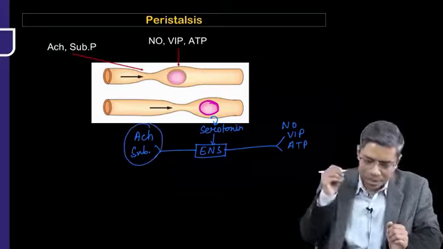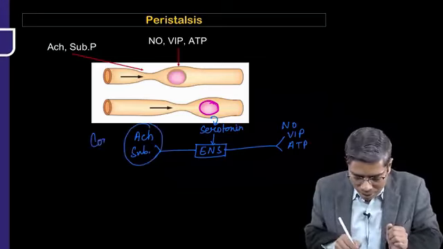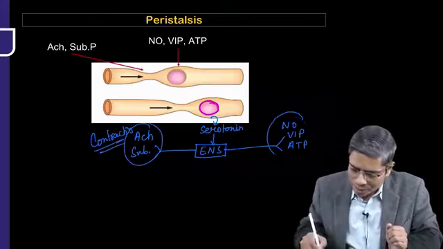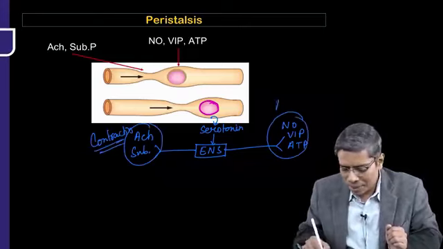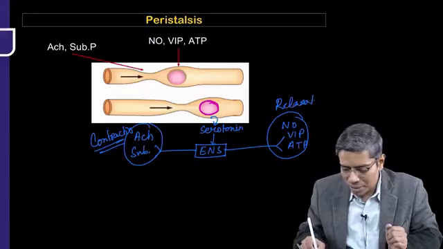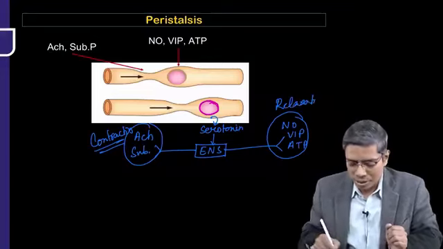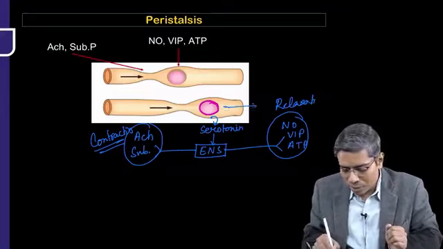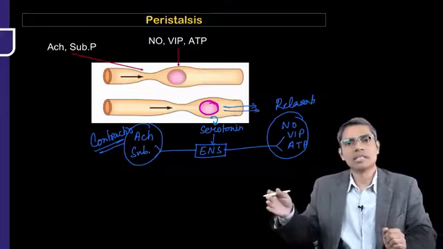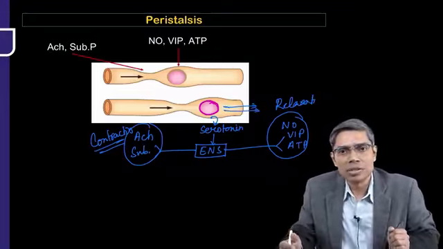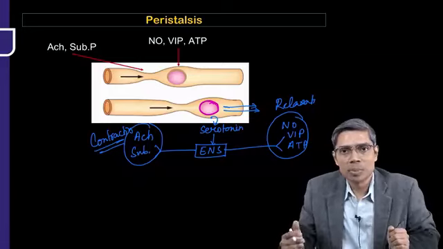In the presence of substance P and acetylcholine, there will be contraction of the proximal segment of the GIT. In the presence of NO, VIP and ATP, there will be relaxation of the distal part of the GIT, and because of this the food will move in the forward direction, propulsive movement. That's why we say that peristalsis is the propulsive movement.